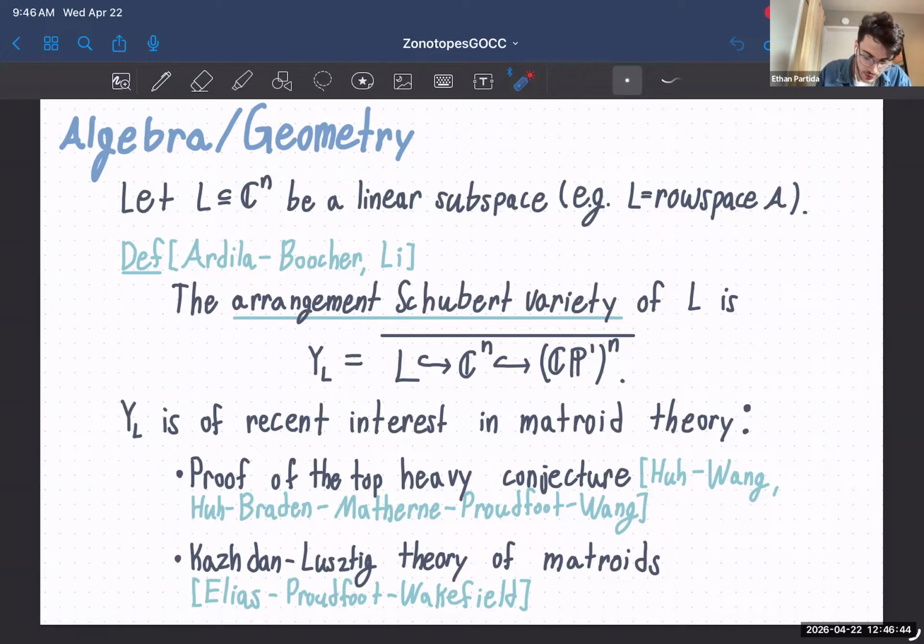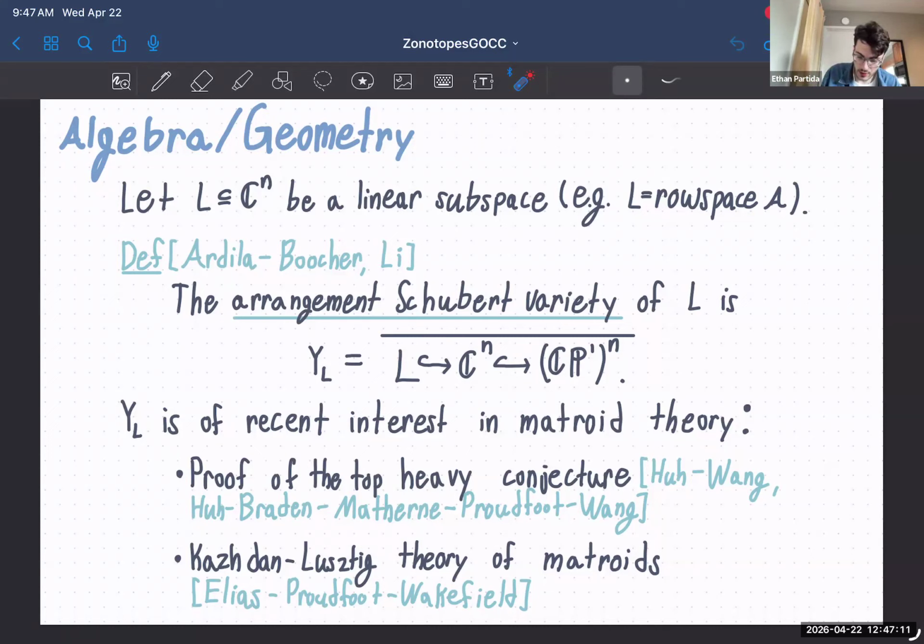You take your linear subspace L in complex n space. For us, this linear subspace is going to be the row space of the matrix A, defining the zonotope. And you embed L inside of complex n space because it's sitting inside of it. And then C sits inside of CP1, which is the Riemann sphere, as the points avoiding infinity.